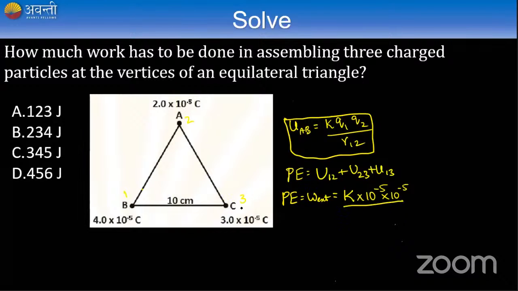What is one more thing common, guys, in all three cases? My distance between the two points in any case will be 10 centimeter only, because it's an equilateral triangle. Yes, correct. R is also the same, correct, Tejas. 10 centimeter means 10 into 10 power minus 2. So these things will be the same for all. Yes, Prakash, correct.